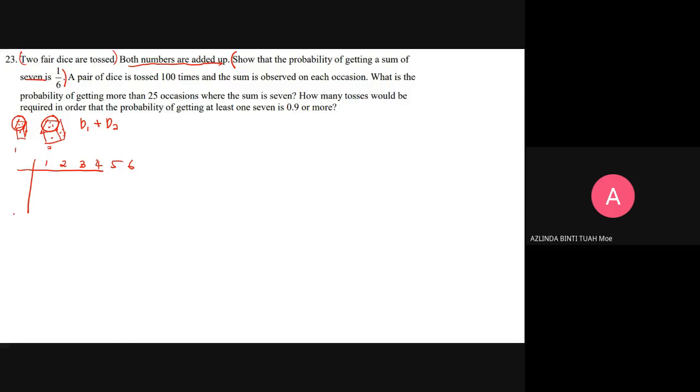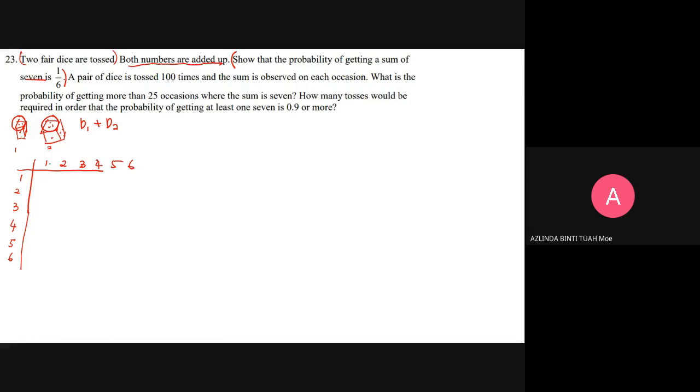Okay, the left column are outcome for dice 2: 1, 2, 3, 4, 5, 6. Okay, sekarang kita akan senaraikan ke semua 36 outcomes dengan cara tambah kedua-dua outcome daripada kedua-dua dadu.